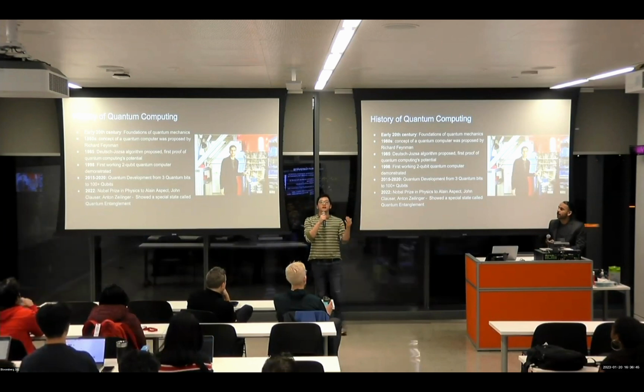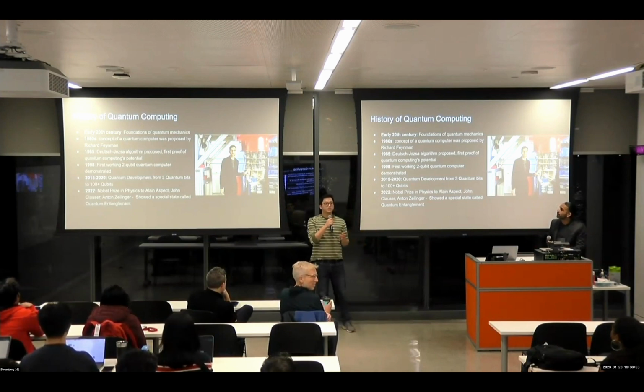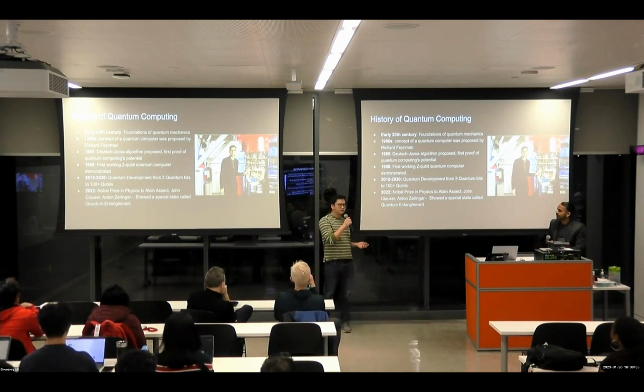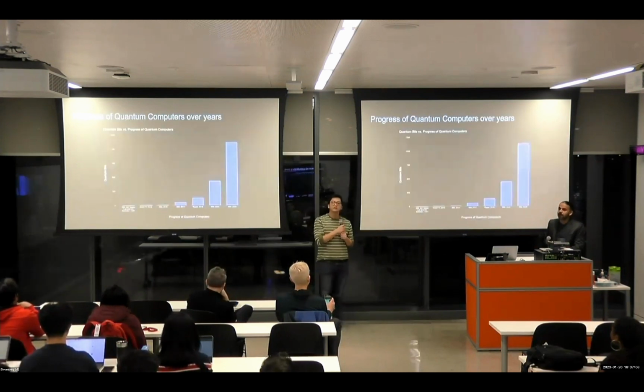So in the 80s, there were propositions. In the 90s, IBM started developing and investing money into this field. And then more recently, we see significant advances. And if you look at the timelines proposed by IBM, it's actually pretty aggressive, and it's done by all the market leaders, which we'll be discussing later.